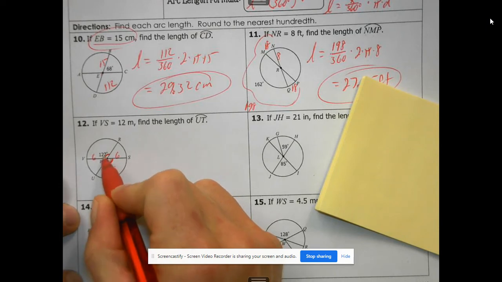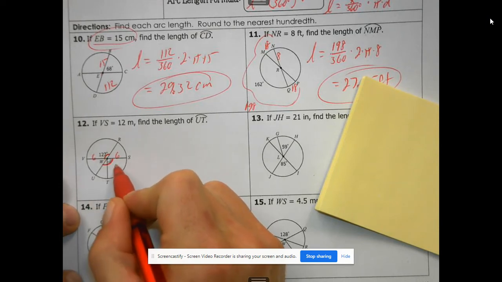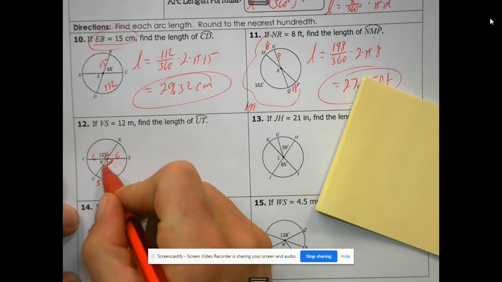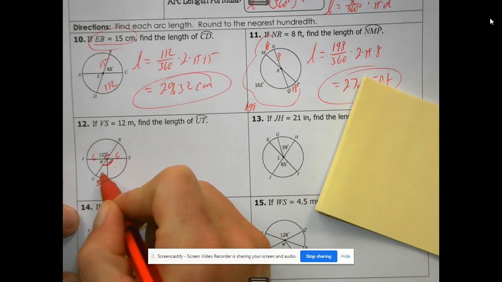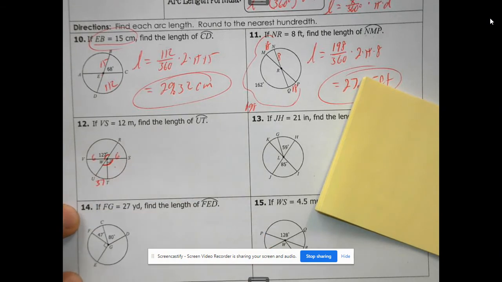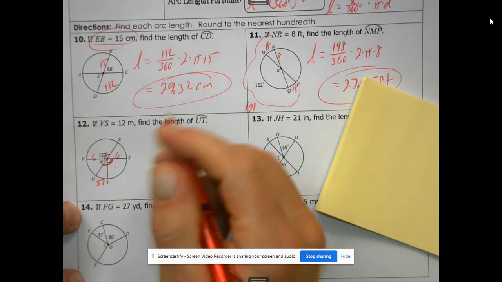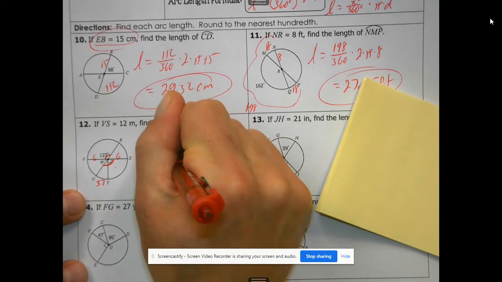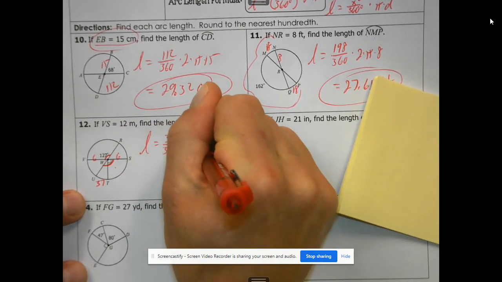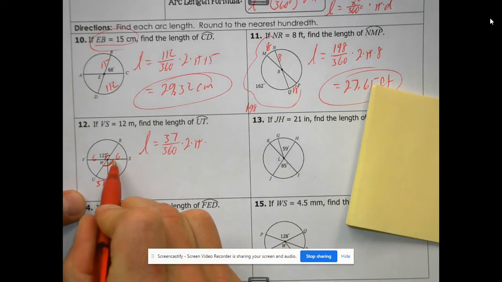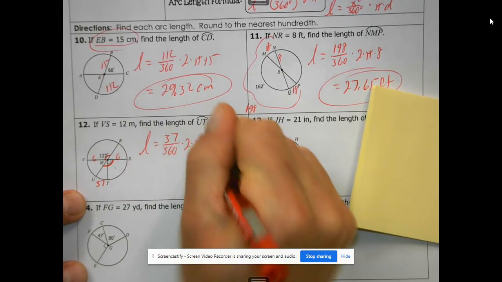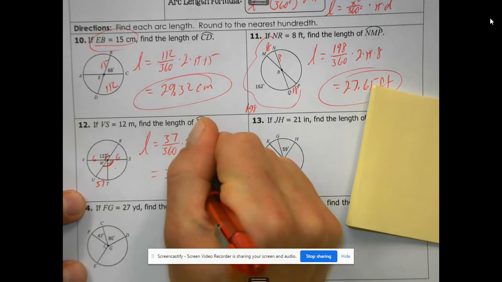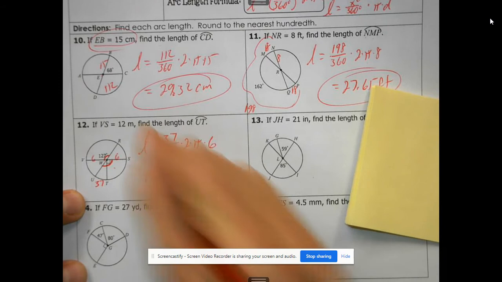So if I take the 127 minus this 90, I'm left with 37 for this piece right here. That's the key piece that I need. So arc length, central angle is 37 for UT. Divide by 360 times 2 times pi times radius, which is 6. Push the buttons, you should get 3.87 meters.